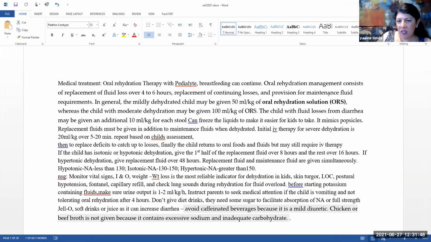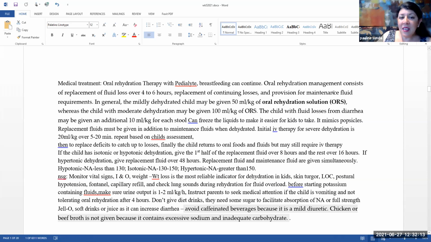The child with fluid losses from diarrhea may be given an additional 10 milliliters per kilogram for each stool. Note, in order to make it easier for kids to take more fluids, you can freeze them so that it's almost like they're eating popsicles.